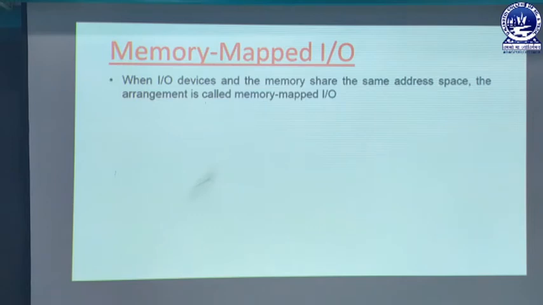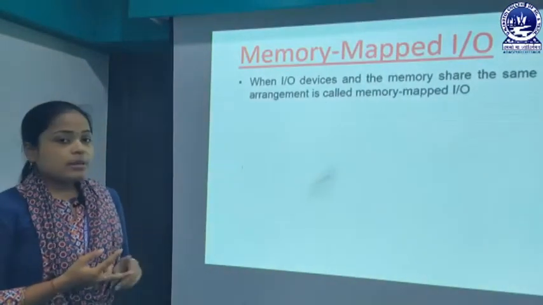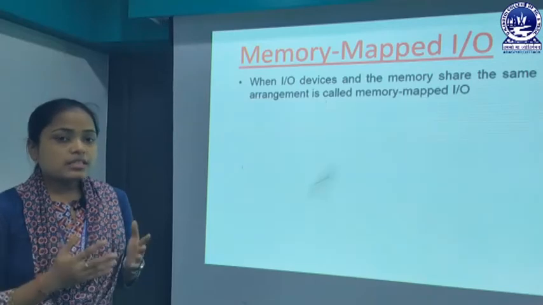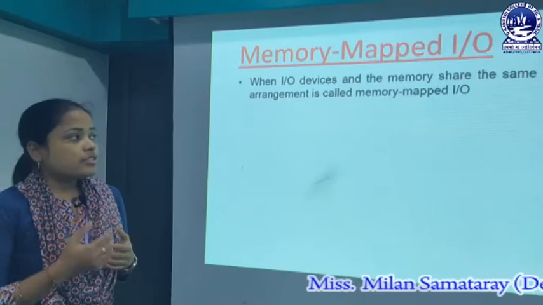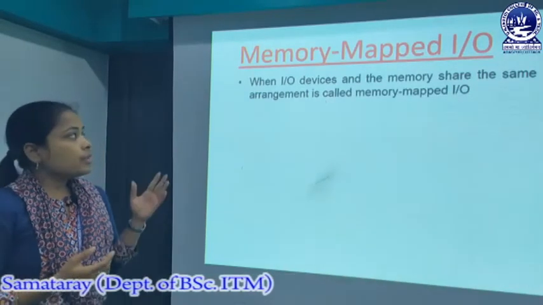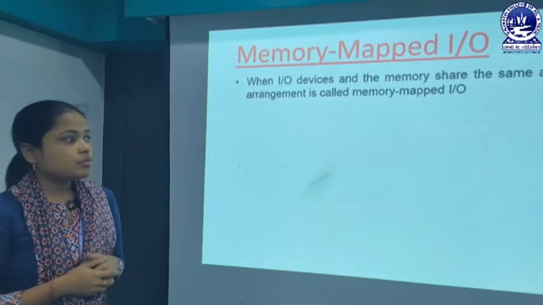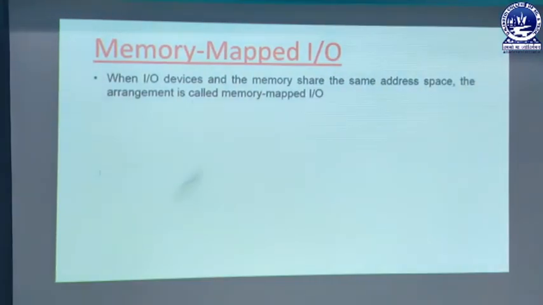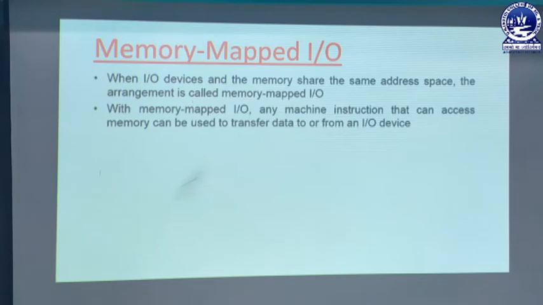In the previous mapping technique, the isolated map technique, the memory and the I/O device share different address spaces, and for that we need some extra commands. But in the memory mapped I/O concept, both the I/O devices and the memory share the same address space of the computer system. So, that is called the memory mapping technique for the input and output devices.